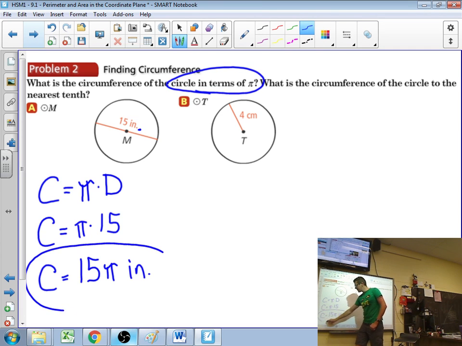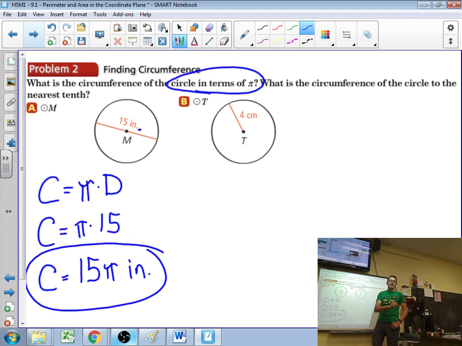So I go ahead and say that my circumference would be 15 pi inches, which throws people off because, how can I have pi inches? Well, all that's telling me is it's 15 times pi, approximately 3.14, that many inches. So this would be close to 45, 46, right about there. But we can just leave it as 15 pi because it asked for it in terms of pi.